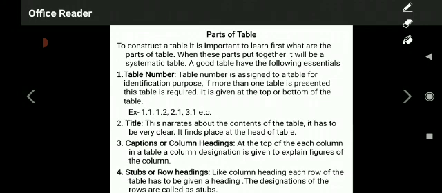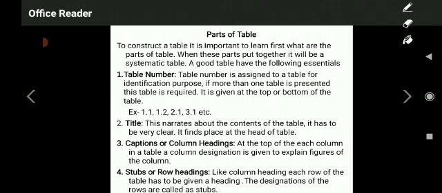The title has to be very clear. Whatever title you write at the top of the table, you must understand it, and it should be related to the data information filled in that table.